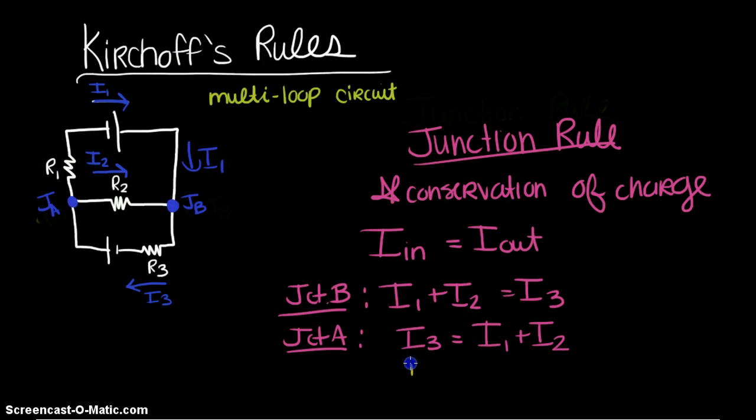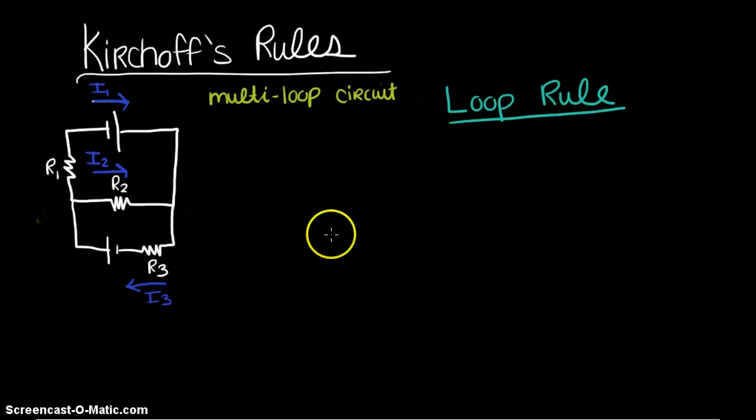Aren't these two statements pretty much saying the same thing? Yes, they are. So if we had some knowns here for two of these currents, we could find the missing one. And we'll take a look at an example for that in a moment.